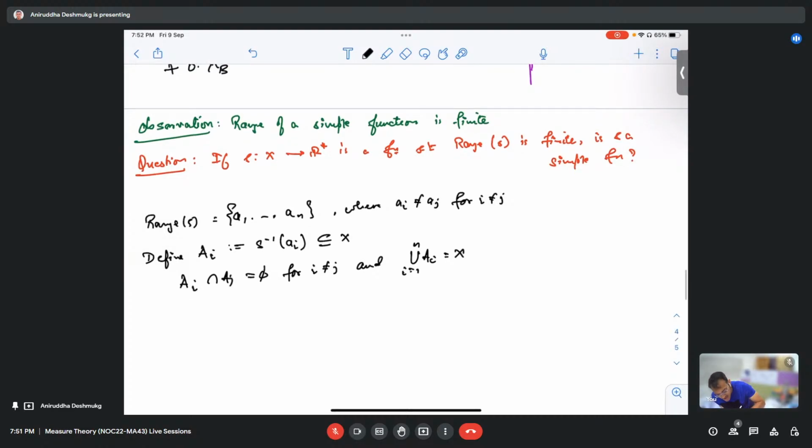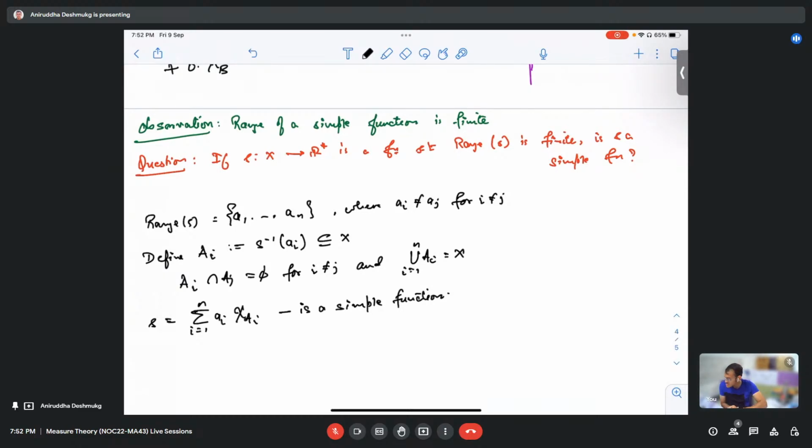So we can just write this S now as the sum of ai times the characteristic function of Ai. Do you agree with this? Yes, sir.